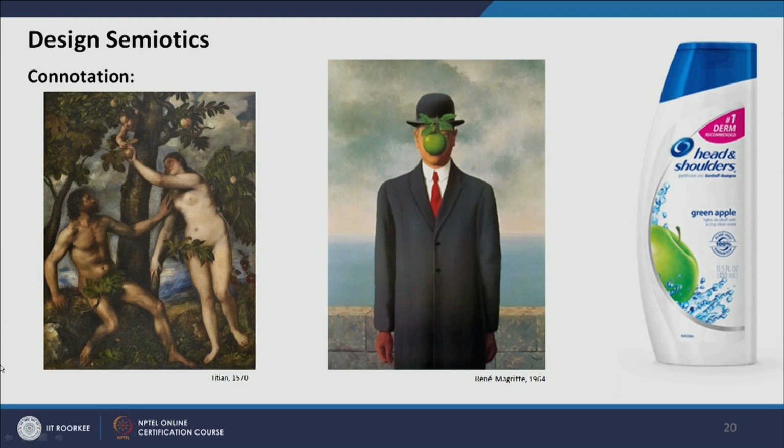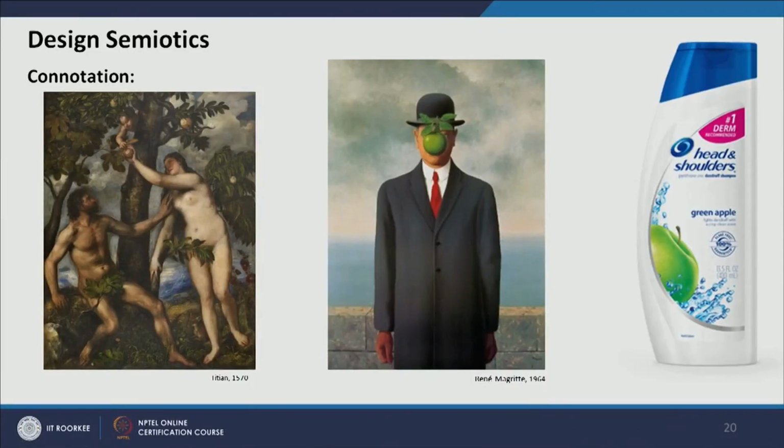We don't understand the meaning of this if we don't know the story of Adam and Eve, because the apple is here from that story. Apple is a symbol of knowledge, a symbol of curiosity, and man has curiosity, and that is why we are different from other animals.